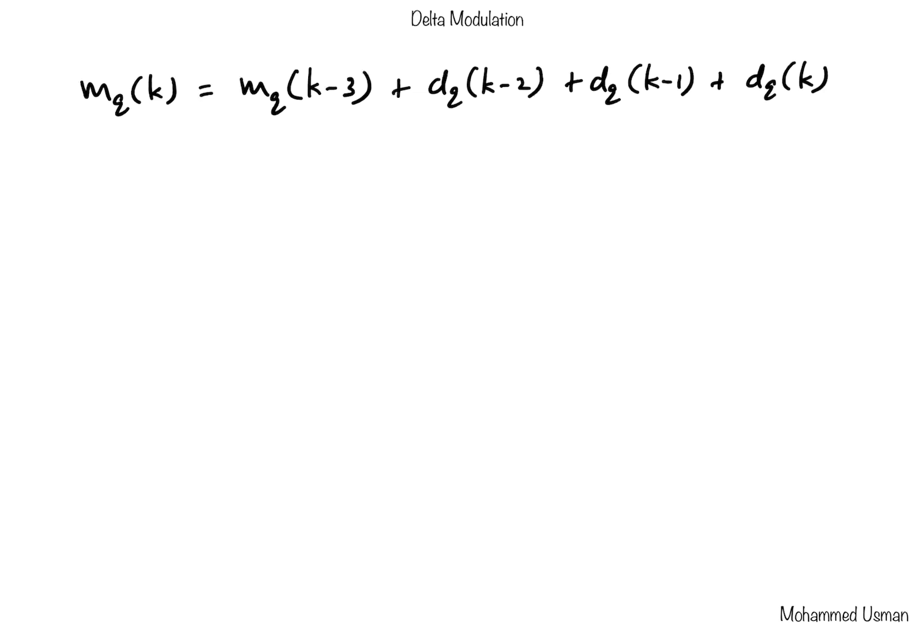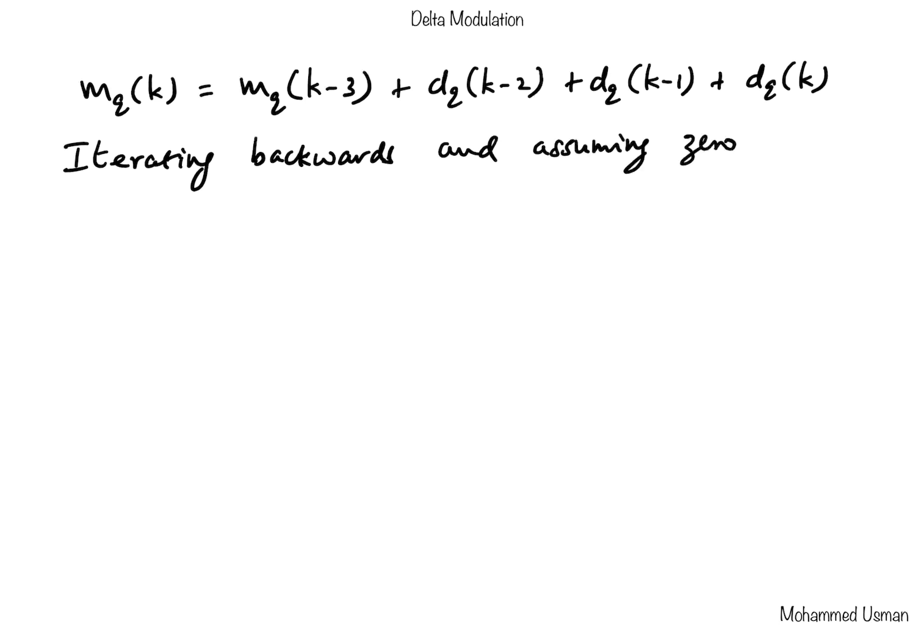If we keep iterating backwards, assuming a 0 initial condition, we'll have more and more terms with dq.